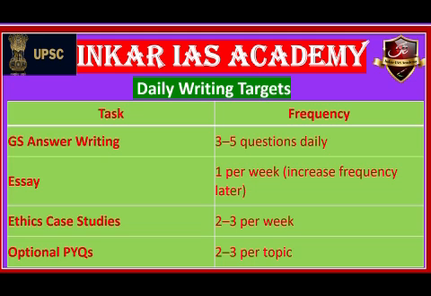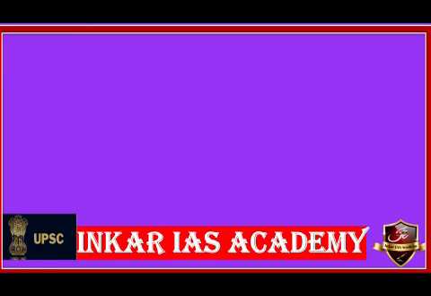For ethics case studies, at least 2 to 3 case studies per week. For optional, you have to write previous year questions, 2 to 3 questions per topic. These are the important targets for GS, essay, ethics, and also the optional.